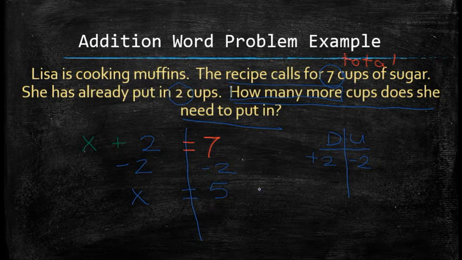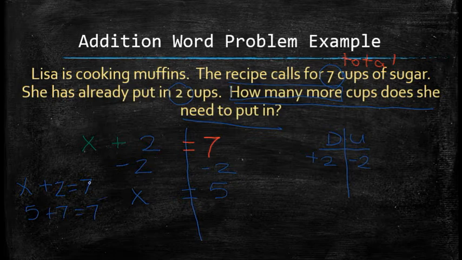Of course, we need to check our answer, so I'm going to go ahead and do that over here. x plus 2, and you should have space underneath to do that. I don't here, obviously, because I'm limited with space, but make sure that you do your check under your problem. And I got the answer of 5 for x. So 5 plus 2 equals 7.